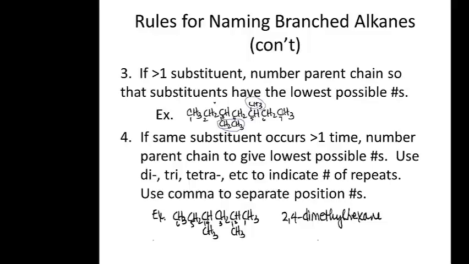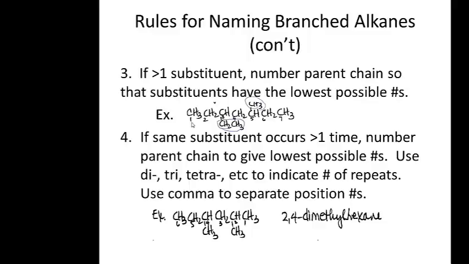It just so happens in this case that I numbered 1, 2, 3, 4, 5, 6, 7. If I'd done it the other way, I would have still had substituents on carbons number 3 and 5, and I'll talk about why I did it this way in just a minute.